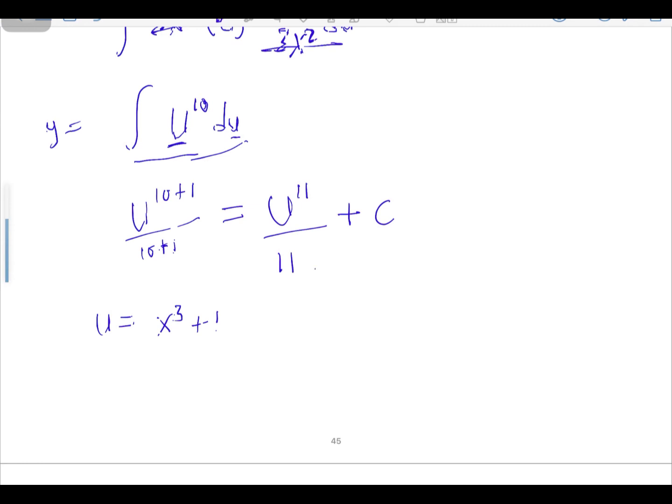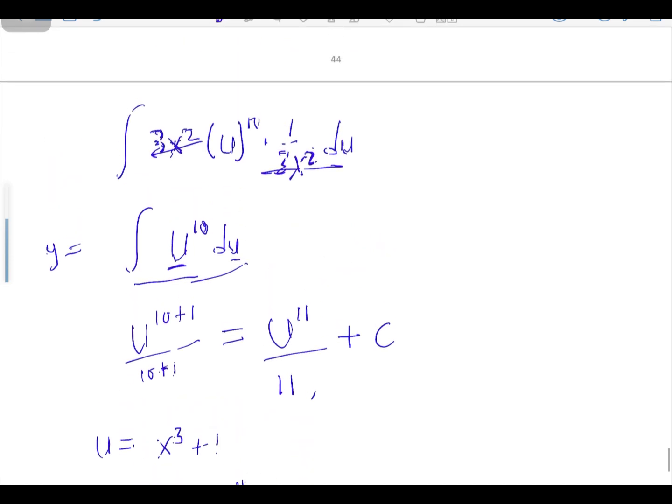Therefore, since you are done with this, whatever you need to do is just replace it back, and at the end of the day, you are going to get a function like (x power 3 plus 1) all power 11 over 11 plus c. So this is how you need to solve this question.